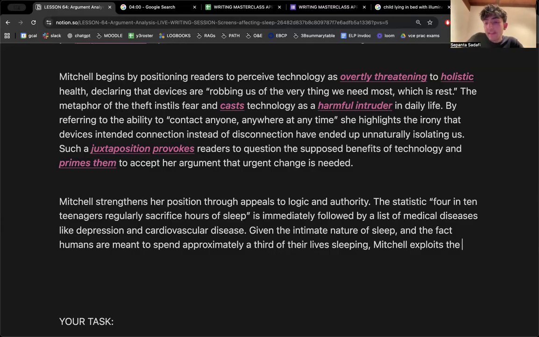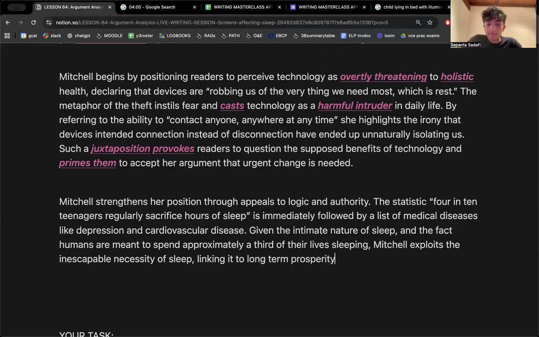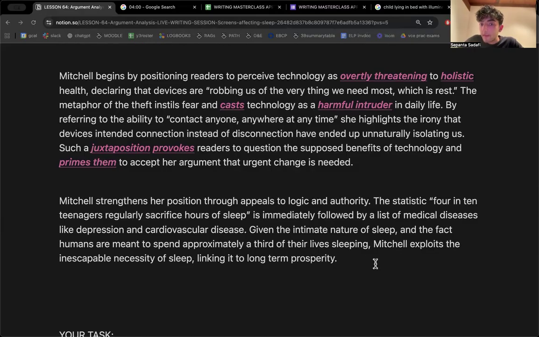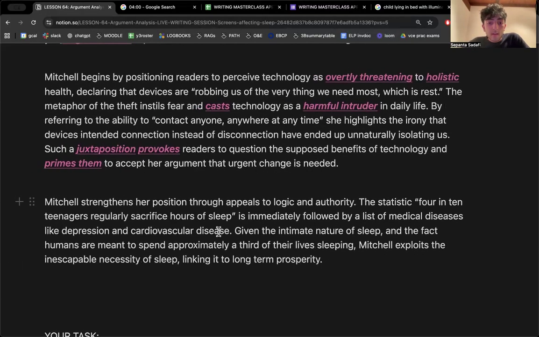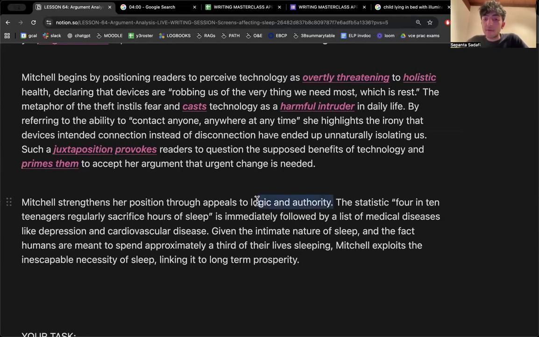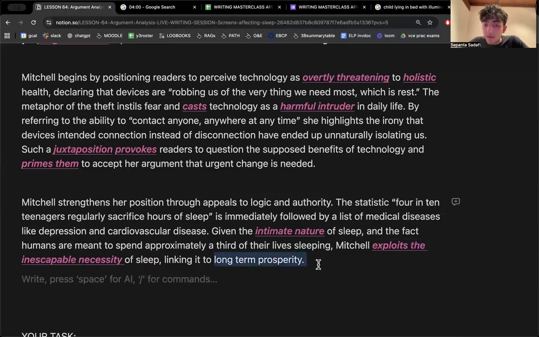Exploits, I've said the intimate nature, but rather the inescapable necessity of sleep, to connect it, linking it to long-term prosperity. Let's put it that way. Okay. Now, again, let's have a look here. Strengths of position, logic and authority, of course, but I want to look at that sophistication. So, given the intimate nature of sleep, exploits the inescapable necessity, long-term prosperity.